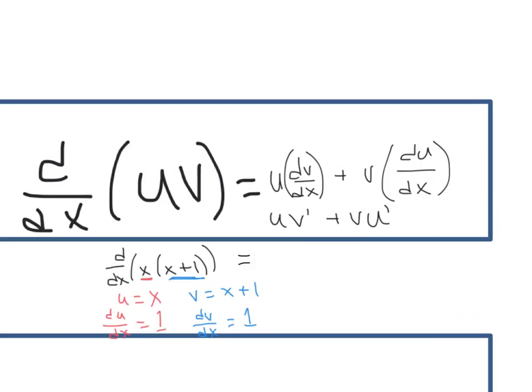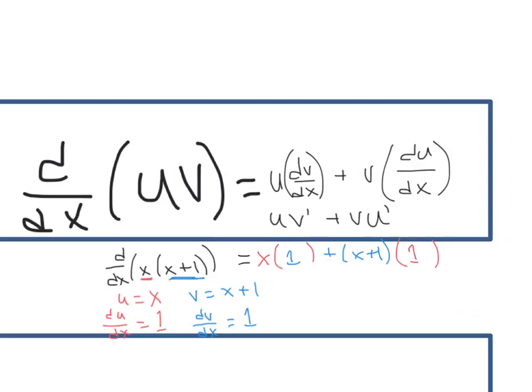We can say that this is equal to my original u function, which is x, times the derivative of my v function, and I know the derivative of my v function is 1, so times 1, plus my v function, which is x plus 1, times the derivative of my u function, right? du dx is the derivative of my u function, which is 1, okay?